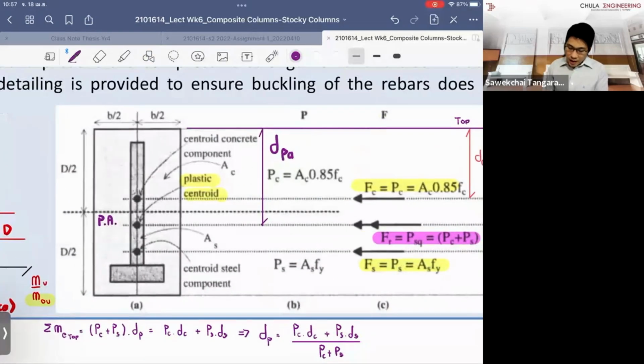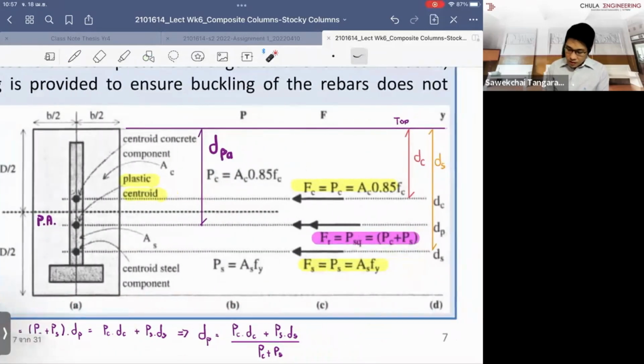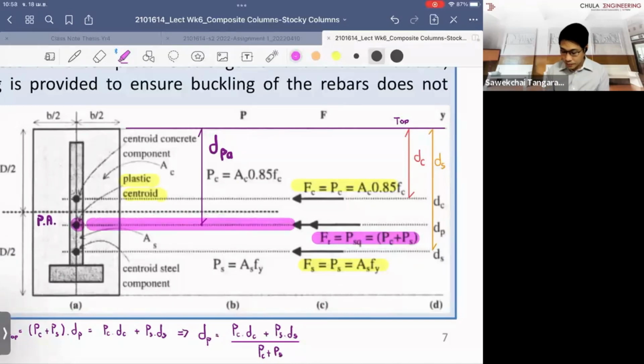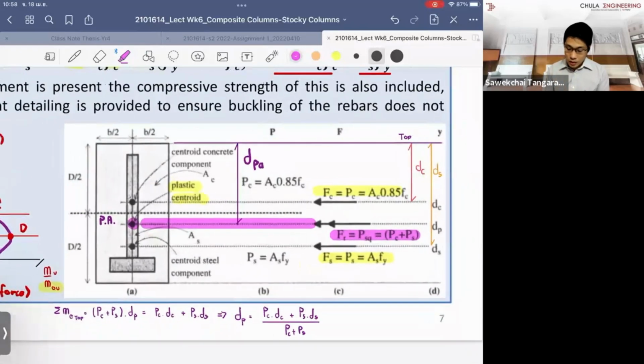What is meant by taking this equilibrium is that when you look at the squash load, the plastic centroid is where the full compression force acts in the cross section, right? So we use this as the reference location where the axial force always applies.